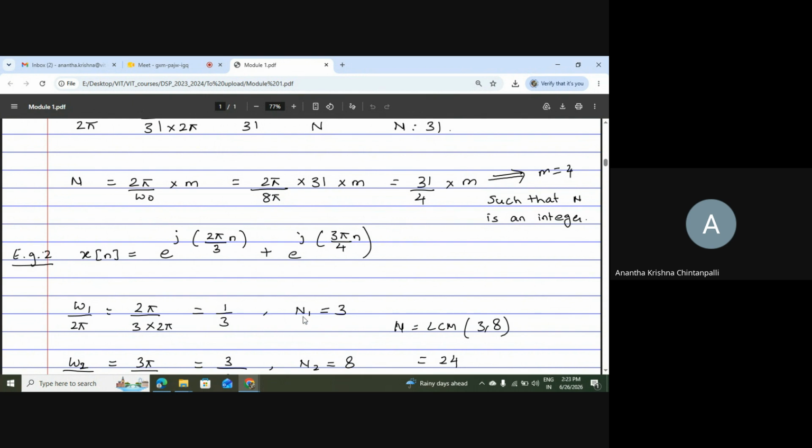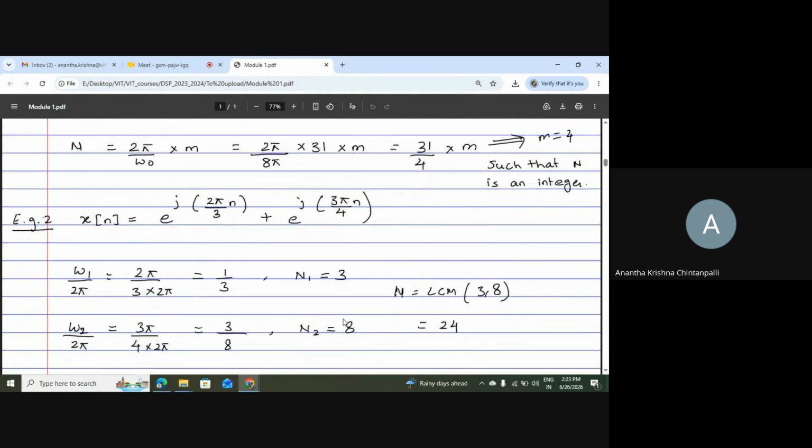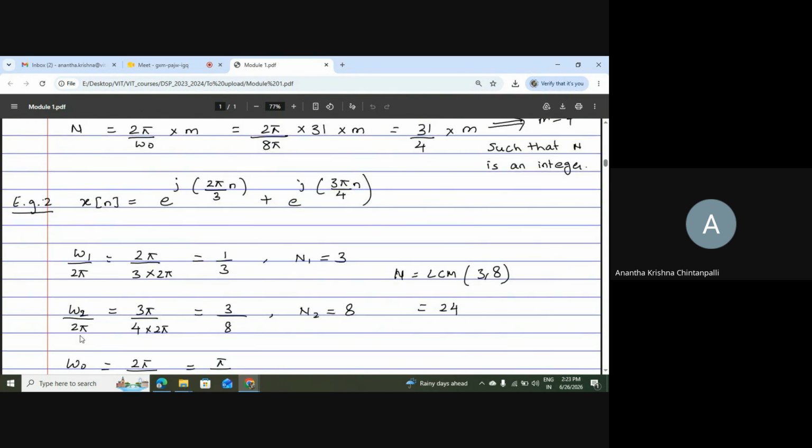This is in simplified form, so N1 is equal to 3. Similarly, omega 2 divided by 2 pi is 3 pi by 4 divided by 2 pi, which is 3 by 8, so N2 is equal to 8. Now, individually this has a fundamental period of 3 and this has a fundamental period of 8. But since they are being added or subtracted, you have to take the LCM.